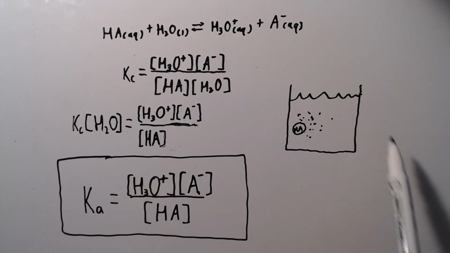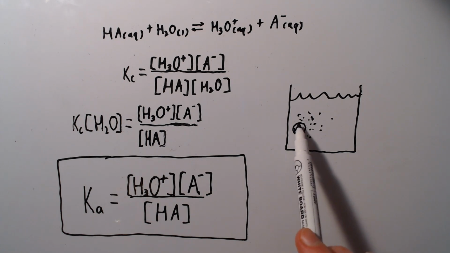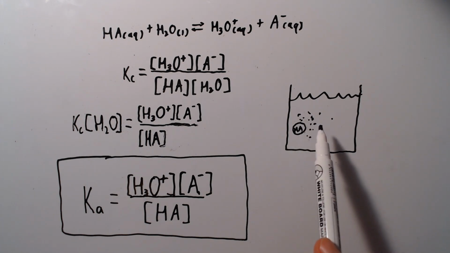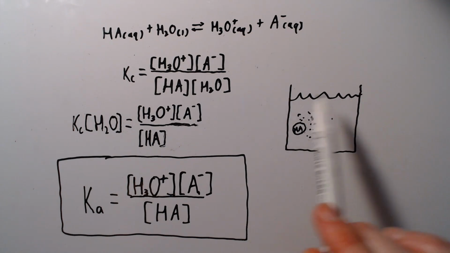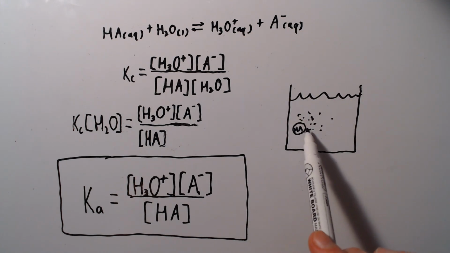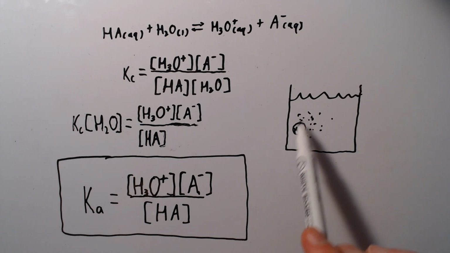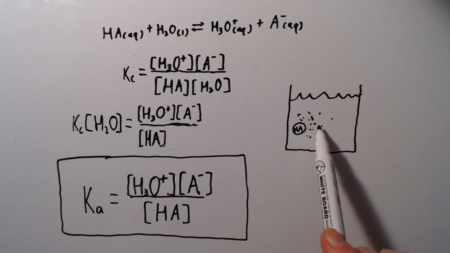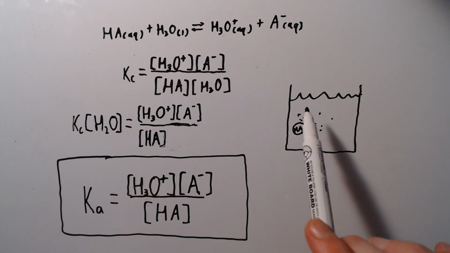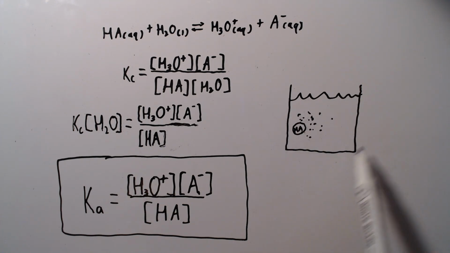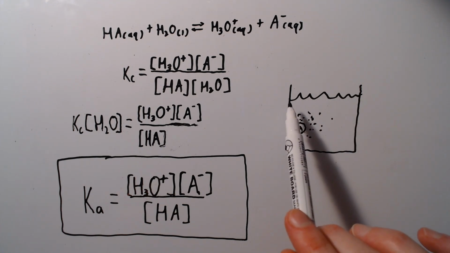So let's say we dissolve a little bit of this acid. Since there is so little of the acid relative to all this water, even though we used up some of the water when this acid dissociated, this change in water is relatively tiny in comparison to the total amount of water here.